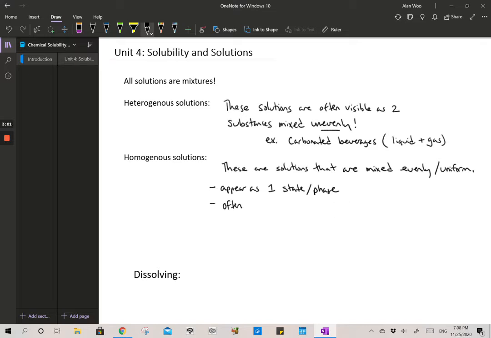Often, chemical solutions that we look at appear to be solids dissolved in liquids. So these chemical solutions could be things like solid sugar plus liquid water.